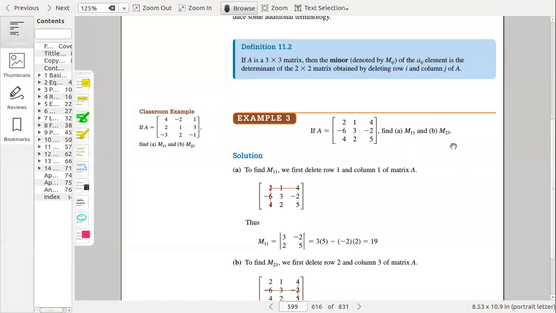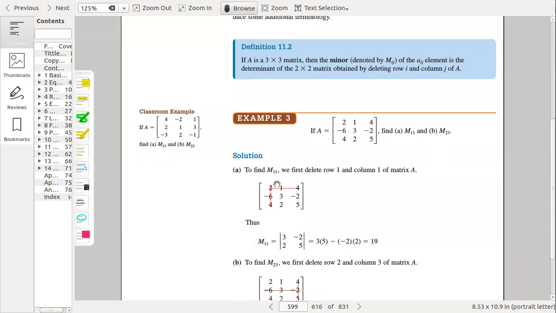The entry 1 1 is 2. And the entry 2 3, second row and third column, is minus 2. So we will have to find two minors for two different entries. The first entry is 2 and the second entry is minus 2.